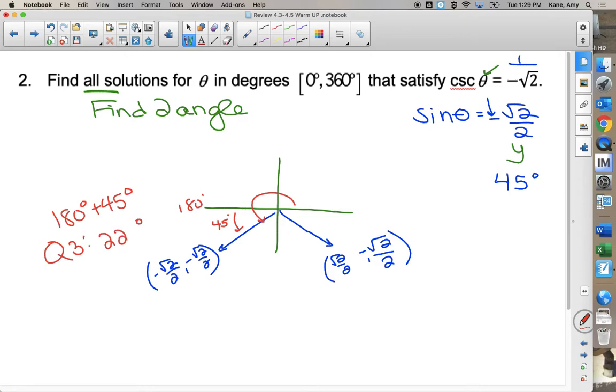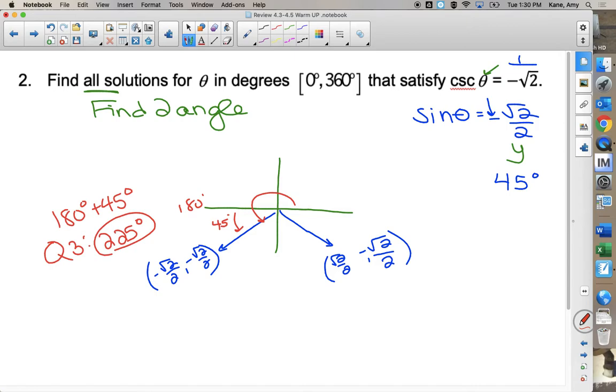Yeah, 225. So that is my angle, 225. The same value as the sine of 45, except it's negative because it's in the third quadrant. So sine of 45 degrees has the same value as the sine of 225 degrees, but I just have a negative answer instead of a positive answer.